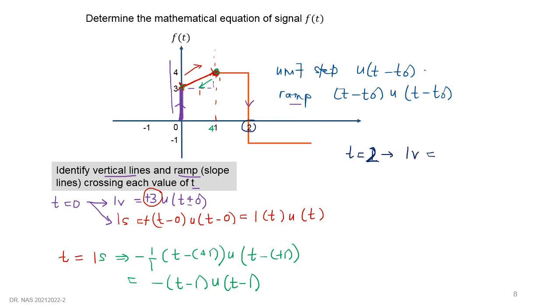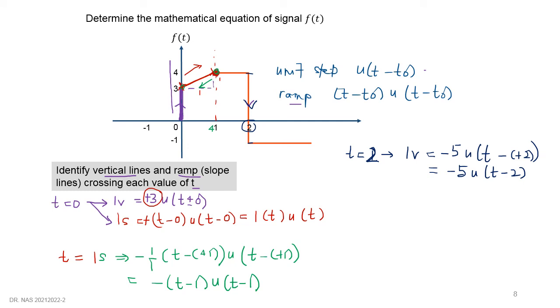It's pointing down, so it's negative. How about the amplitude? 4 and 1, so it's 5. So u(t minus positive 2) equals negative 5 u(t minus 2).